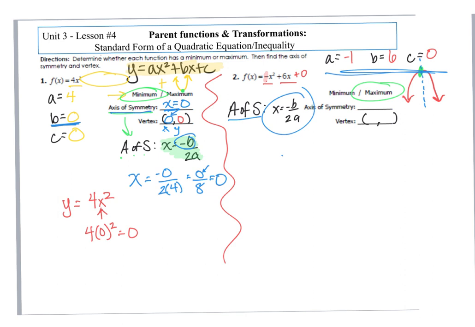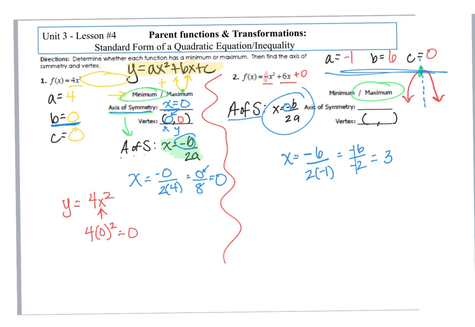So to find the axis of symmetry, we have x equals negative b. We have to put a negative sign. That's part of the formula. Negative and then the b value, which is 6, or you could think opposite of b as well, over 2 times the a value, which is negative 1. So we have negative 6 over negative 2, which equals positive 3. Our negative signs cancel out here.